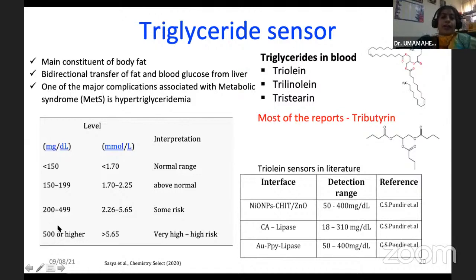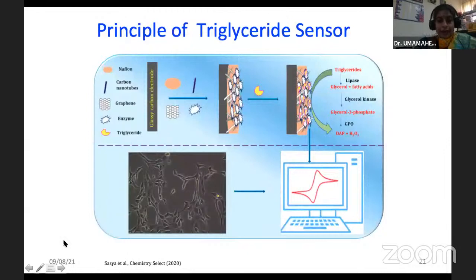The risk factor is higher when an individual has more than 200 milligram per deciliter of triglycerides, and they are at extremely high risk if their triglyceride levels shoot above 500 milligram per deciliter. So we set out to identify a set of interfaces that would give us good sensitivity towards triglycerides.